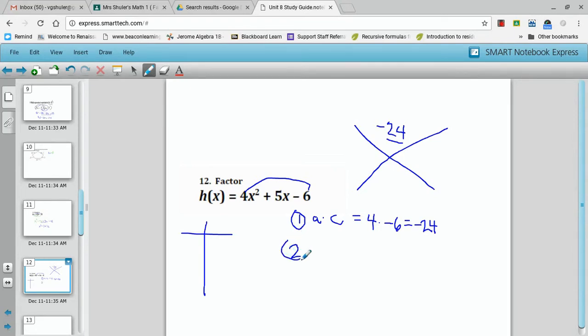What is our B term? Second step. A plus C must equal our middle term of 5. Where'd the 5 come from? Right here. So I'm going to pause the video and write our multiples of negative 24. So they need to multiply to give negative 24, add to be a 5.